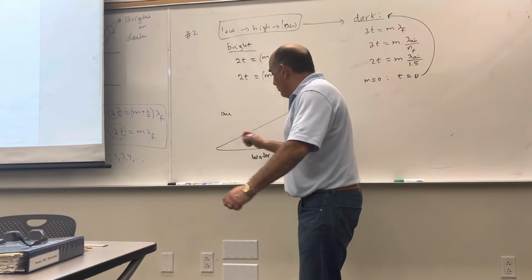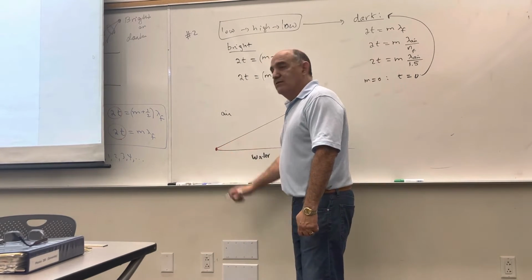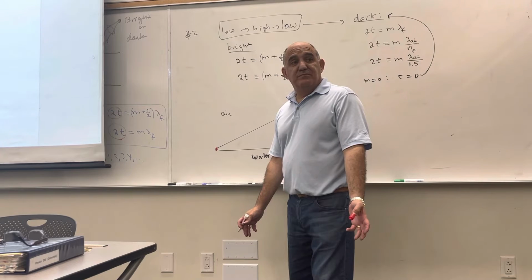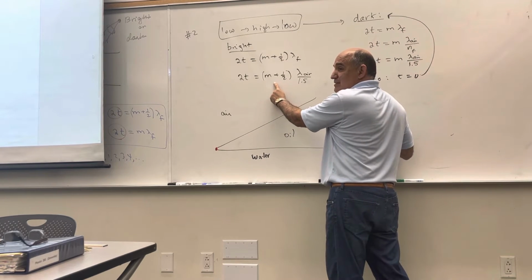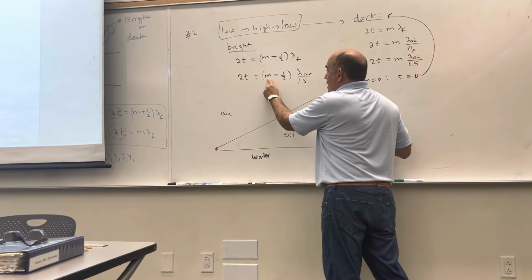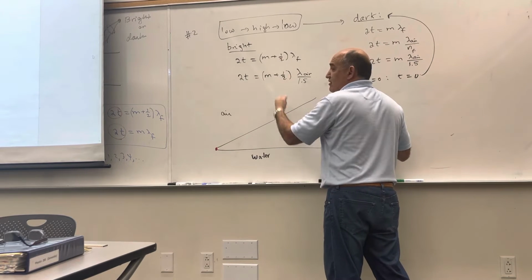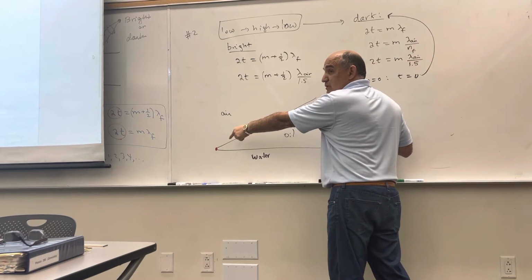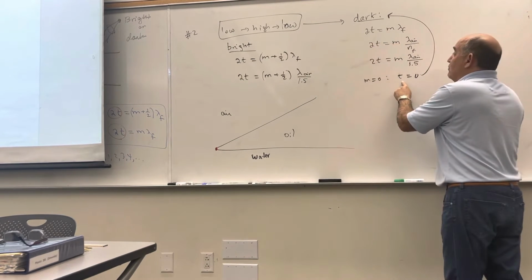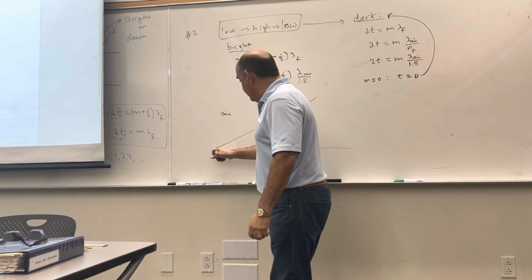And in this corner over here, the thickness is 0. So notice that you don't get 0 thickness for the formula for bright, because if I plug m equals 0, I'm going to get that the thickness is something other than 0. So this is not satisfied when the thickness is 0. But this is satisfied when the thickness is 0. That's why from over here, it's dark.